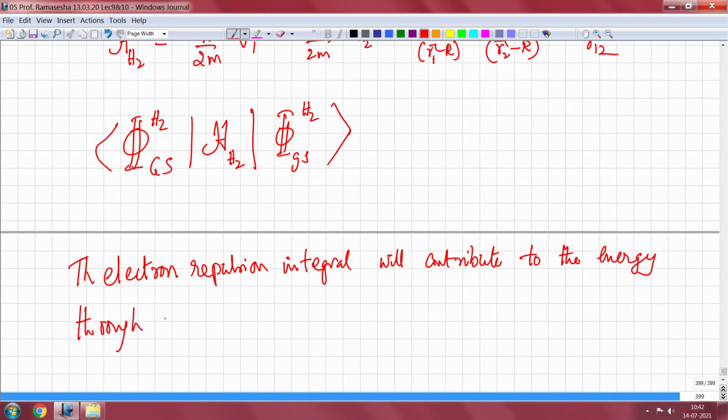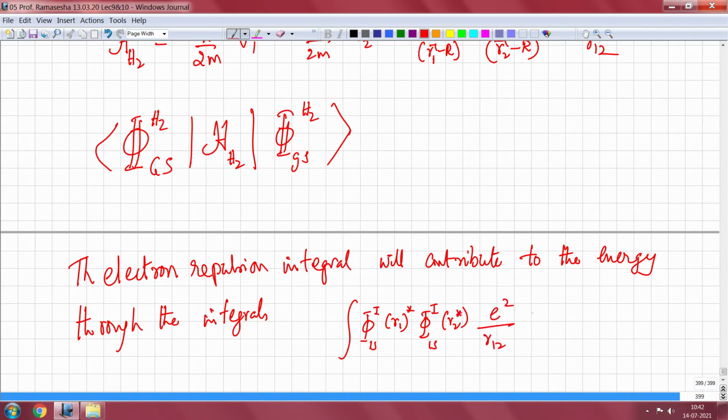I will write down the integrals: integral phi 1s r1 star phi 1s r2 star e squared upon r12 phi 1s 1 r1 phi 1s 2 r2 d cubed r1 d cubed r2, okay.